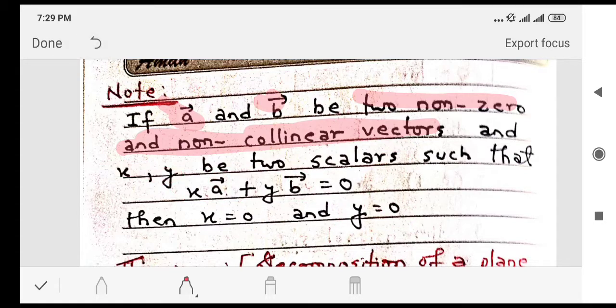Please note down. You can pause the video and make a very nice note of the vector chapter.